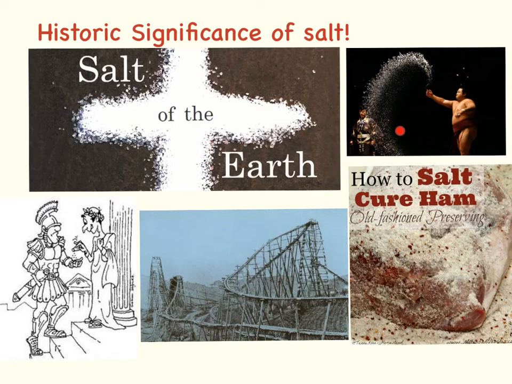So we learned very early on that we could take meats like fish, ham, beef, you name it, and we could salt this meat and create jerky or other related materials, and that way we could preserve meat without refrigeration. We also found that certain vegetables, when soaked in a salt brine, could be pickled, and that's part of the secret behind delicacies like kimchi. If you don't have salt, well, you can't make kimchi.